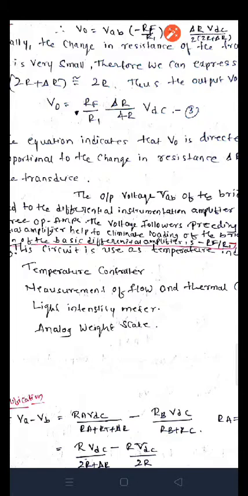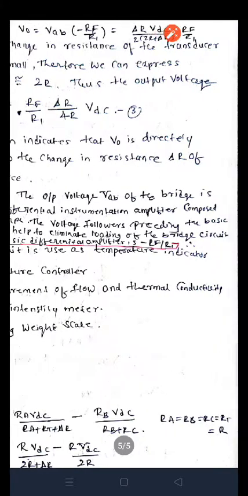Since VAB is delta R into VDC divided by 2 into 2R plus delta R, the minus sign cancels, and the final output voltage is V0 equal to delta R into VDC divided by 2 into 2R plus delta R, into Rf by R1. This is our final output voltage equation.